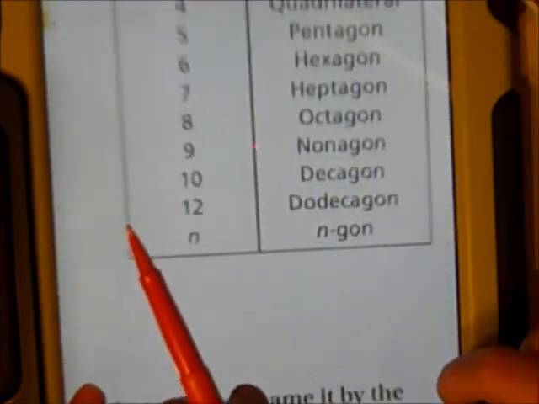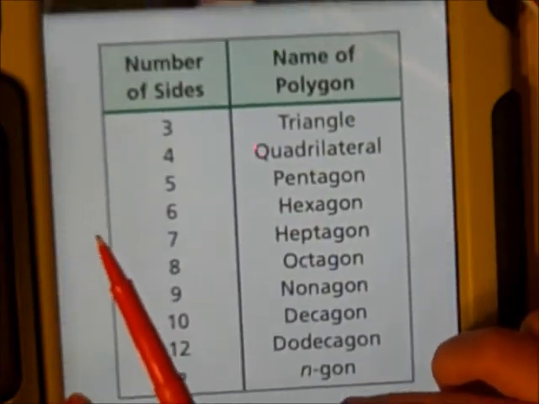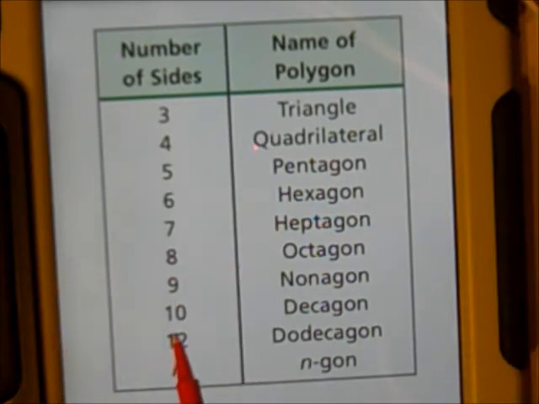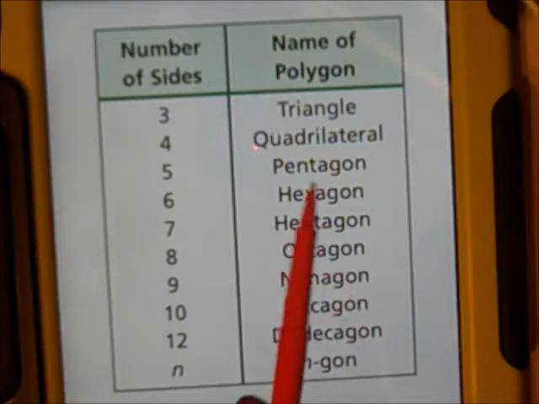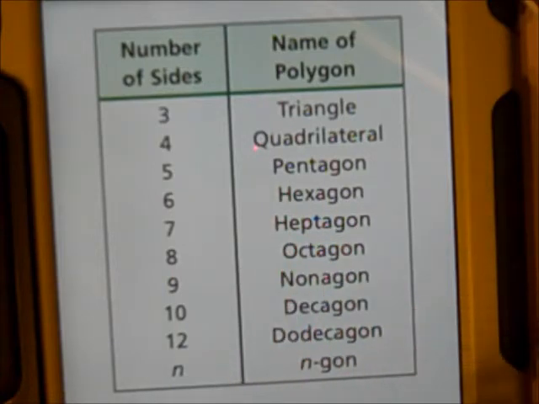Polygons we can name by the number of sides, and you also have this in your chart, except for number 11 is missing. 11 is undecagon. So you know most of these: triangle, quadrilateral, pentagon, hexagon, heptagon. Don't get hexagon and heptagon mixed up. 11 and 12 kind of work like Spanish. If you take Spanish, 1 is uno.